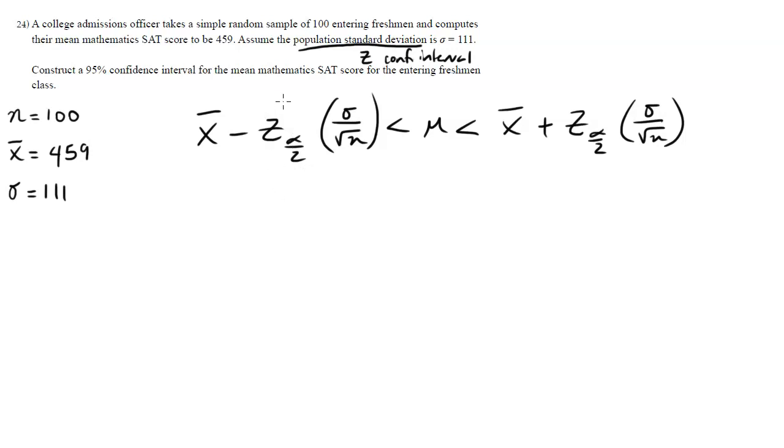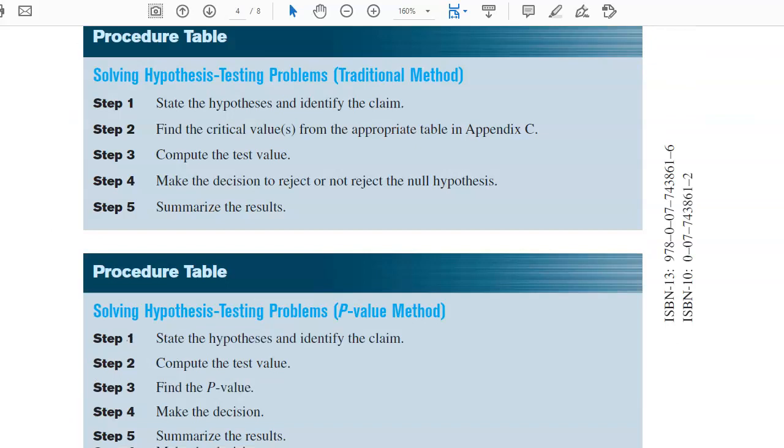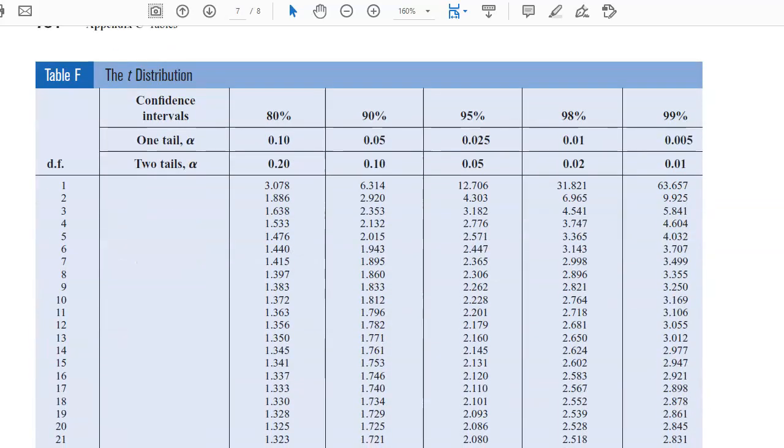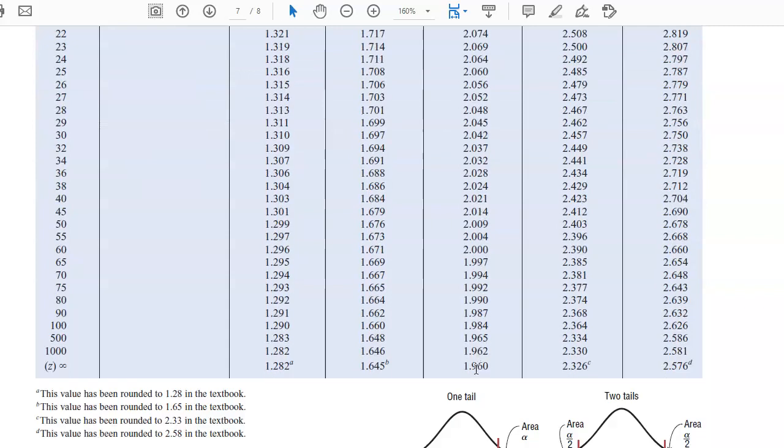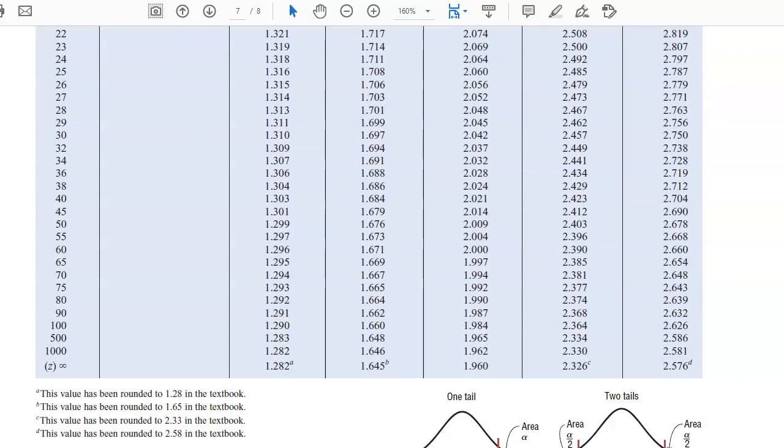And remember, we can go to the T distribution, 95% confidence interval, go down to the T distribution. There it is, 95% confidence interval, go all the way to the bottom. 1.96 is that Z value for a 95% confidence interval.